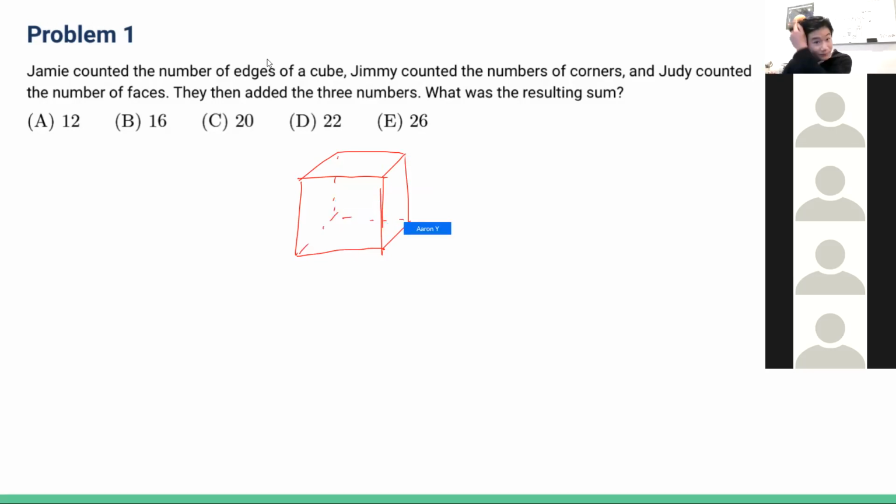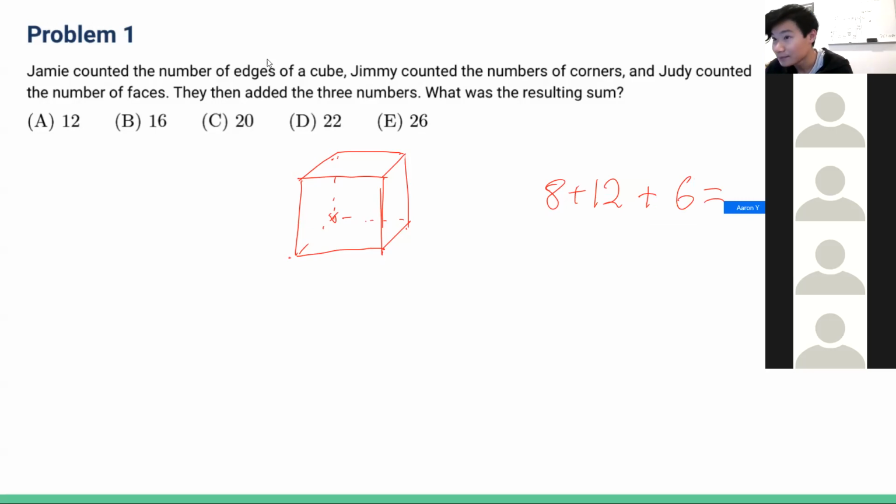So on a cube, we know the amount of corners is what? 8, right? We have 1, 2, 3, 4, 5, 6, 7, and 8. So that's 8. We're adding up the edges now. That's 1, 2, 3, 4, 5, 6, 7, 8 as well. Or sorry, 12 edges. And then for the amount of faces, there's 6 faces.